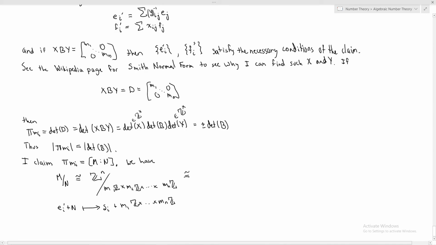And this is isomorphic to Z mod m_1Z cross ... cross Z mod m_nZ. Essentially I can split up this quotient of products into a product of quotients.